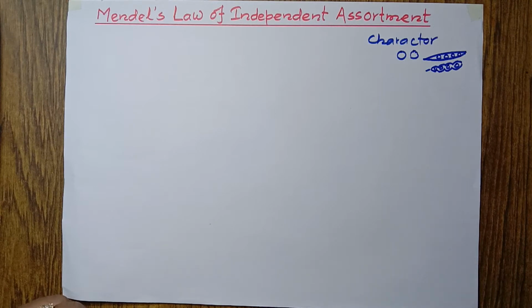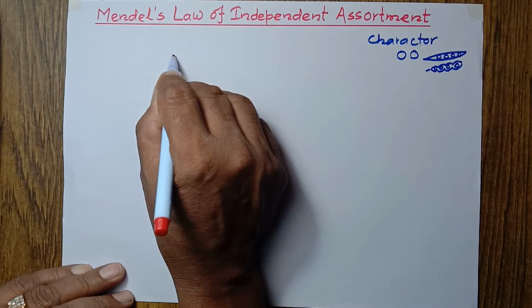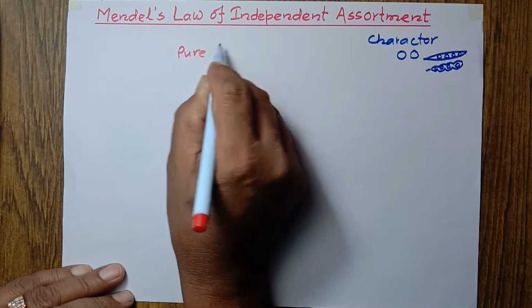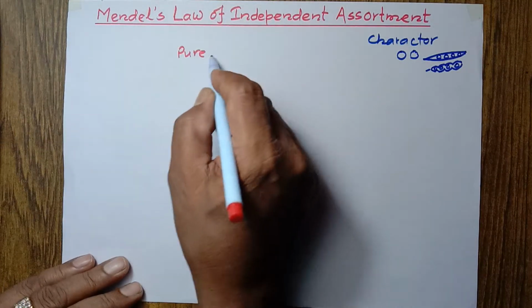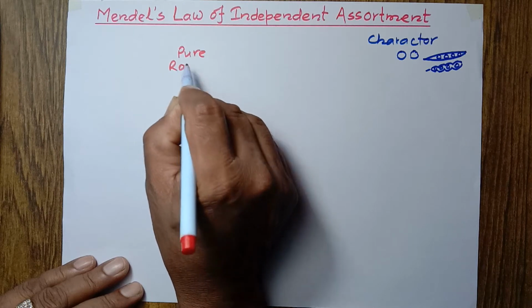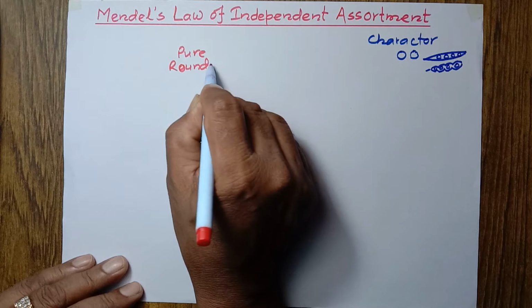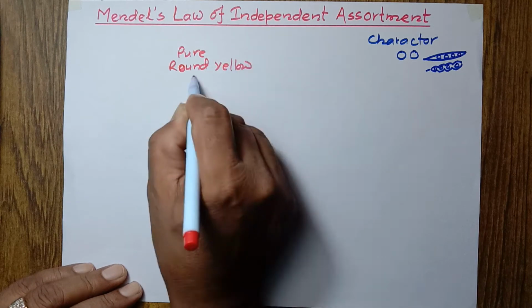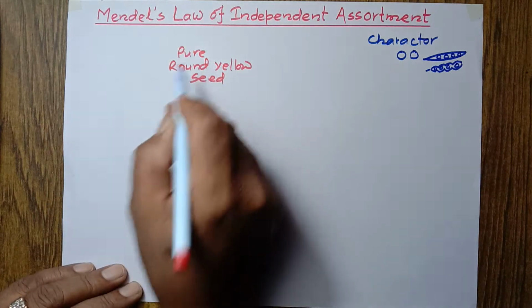Just for example, he took one pure, round and yellow seeded pea plant. Let's not take tall, because all the time we are taking tall. Pure round means what?